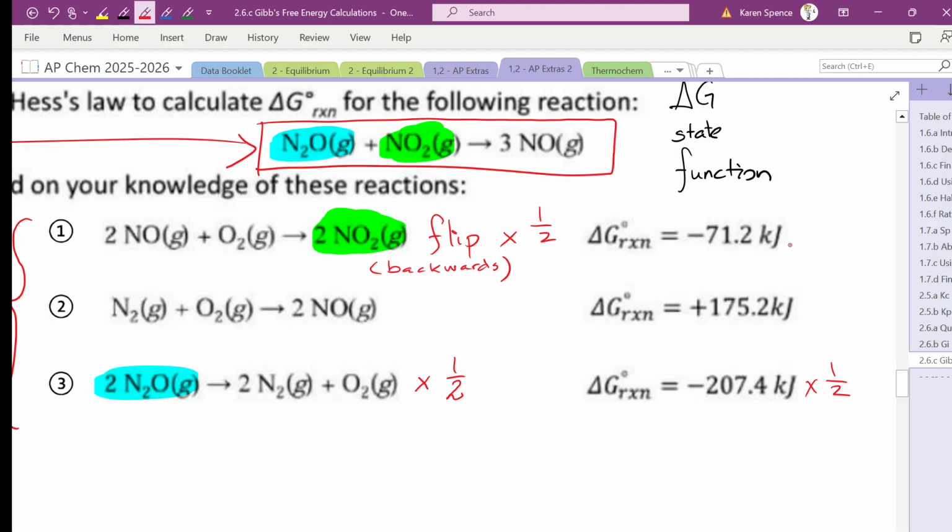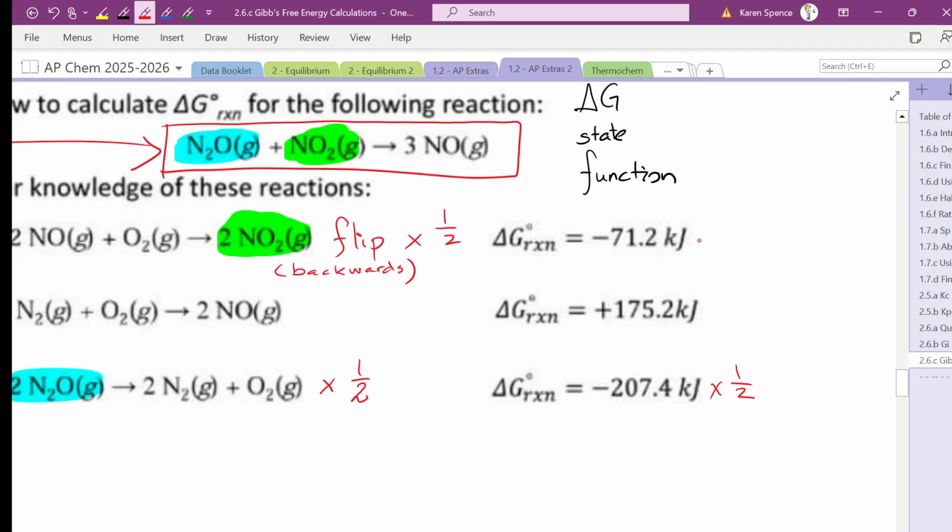We need to change it to positive. I'm going to say we're going to multiply by negative a half, and this negative is changing the sign. But feel free to just stick a positive in front of it too. Like if you were there, you could just be like positive times a half. That would also be totally fine. Okay.